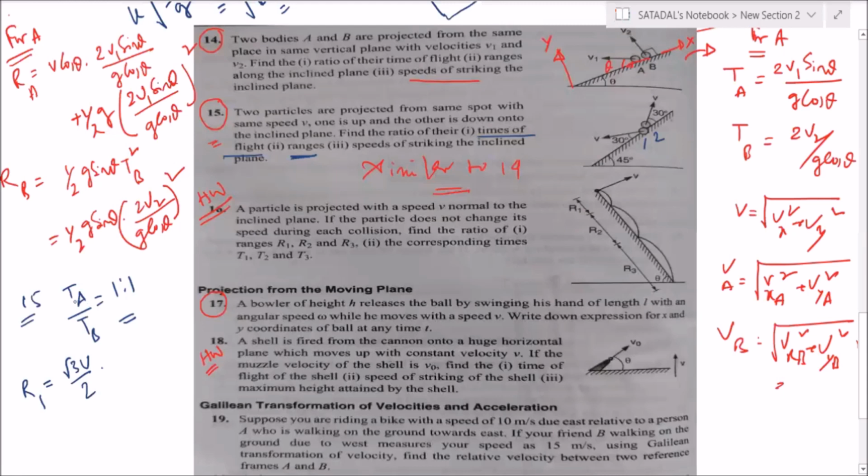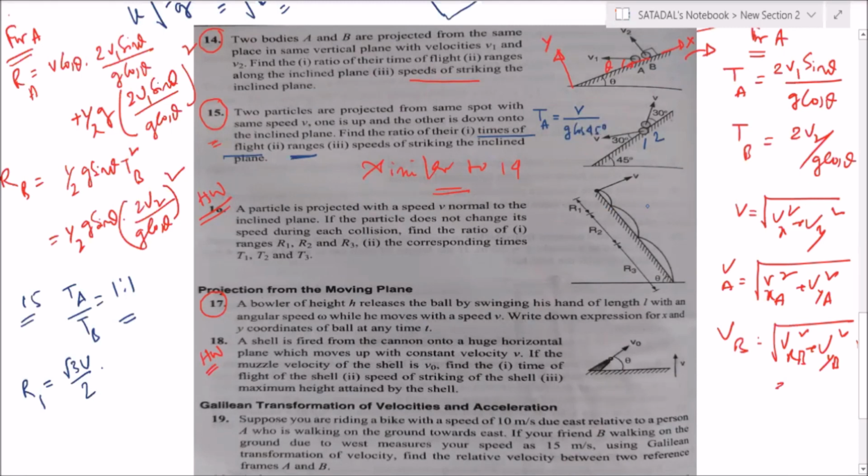Okay, just 1 minute. T_A. Here I can write T_A is equal to V divided by g cos 45 degrees, right?